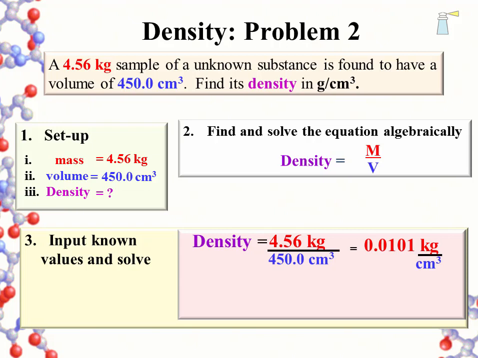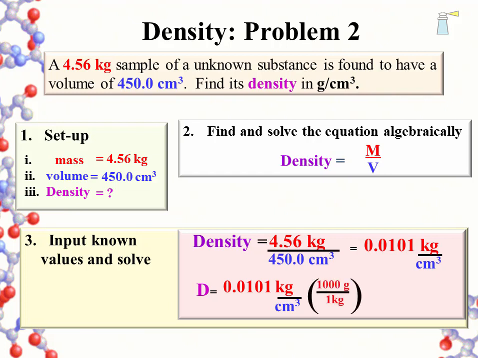Are we done? No. Look back at the question. It wants an answer in grams per cubic centimeter, and we have kilograms per cubic centimeter. We're going to have to convert the kilograms to grams. We're going to have to do a conversion. Is there a unit factor or a conversion factor which converts kilograms to grams?